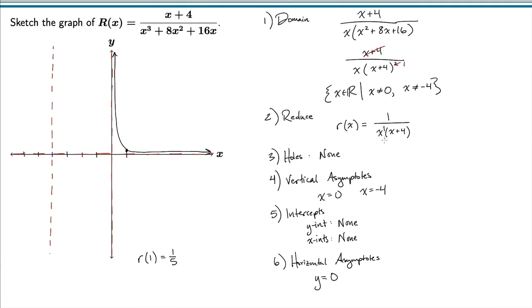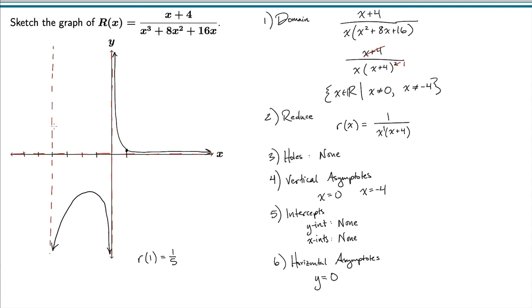And the exponent on that is 1, which is odd. That tells us it does something different on both sides of this asymptote. So since it's going up on the right, it has to go down on the left. Okay? And I cannot cross this axis. I can't cross because I don't have any x-intercepts. And so I have to turn around, come down like that.